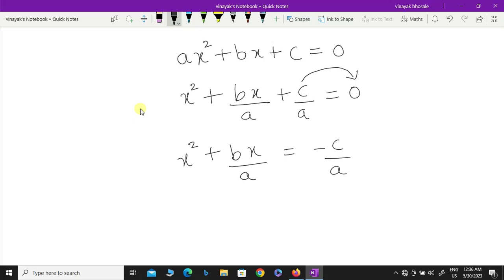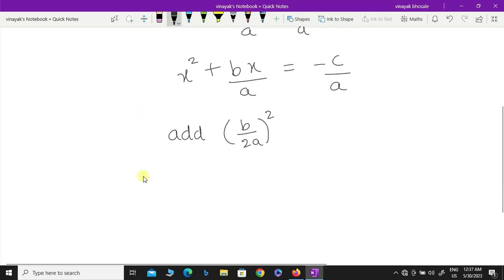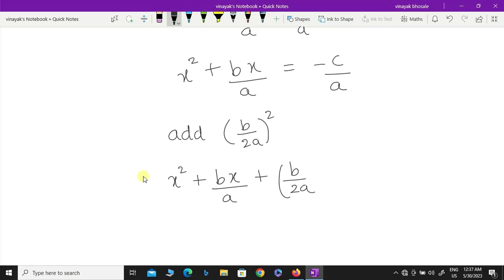All right. And now what I'm going to do is add b by 2a whole squared to both the sides. You'll see why we are adding b by 2a whole squared in a while. So x squared plus bx by a plus b by 2a whole squared equals minus c by a plus b by 2a whole squared.